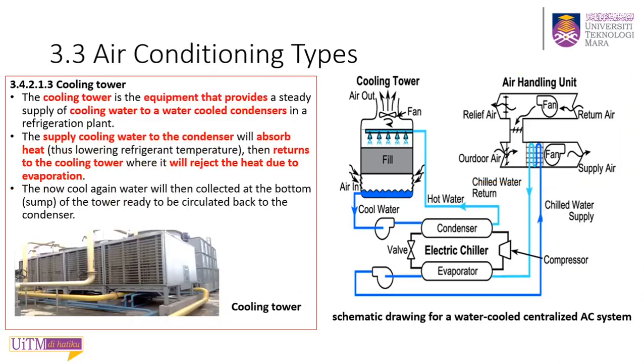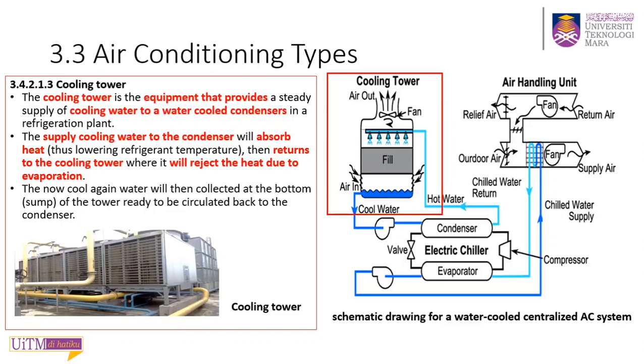The third main component for a centralized air conditioning system is the cooling tower. Cooling towers are only installed for centralized air conditioning systems using a water-cooled chiller. The cooling tower will provide a steady flow of cooling water to cool the condenser side of the chiller.